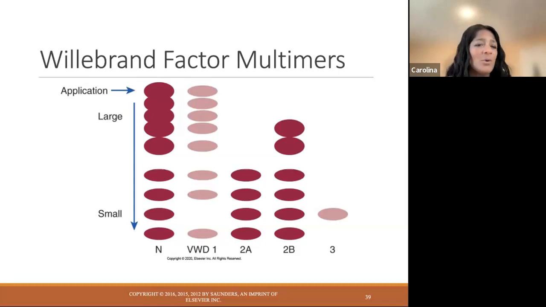But a normal ratio of multimers. In type 2A, you see an absence of large and intermediate multimers. In type 2B, you see the absence of large multimers. And in type 3, right, you see the absence of all multimers. So that's really bad.